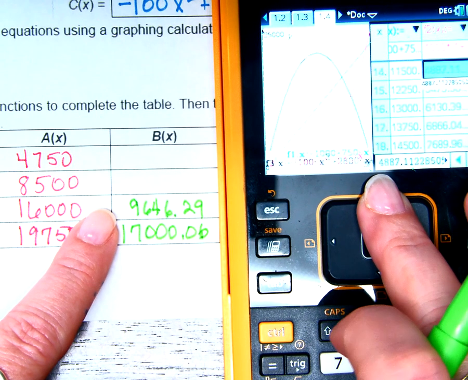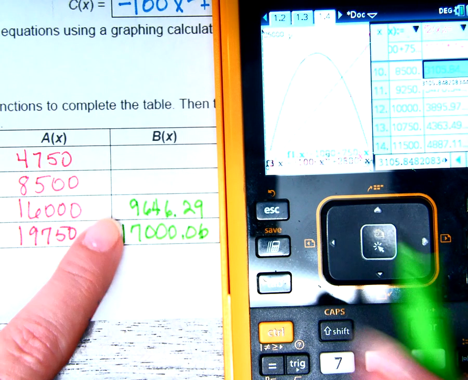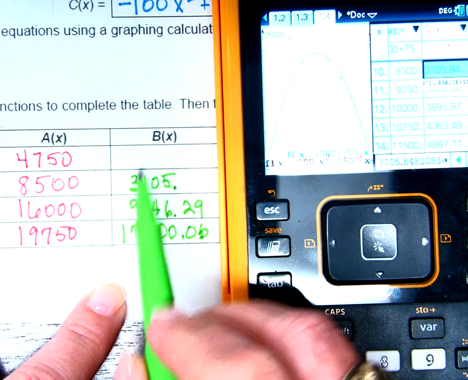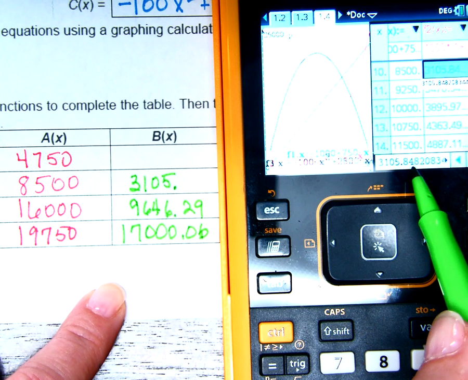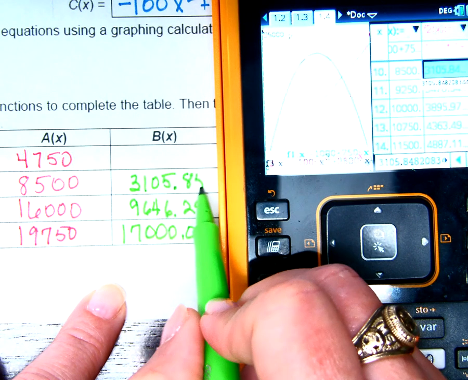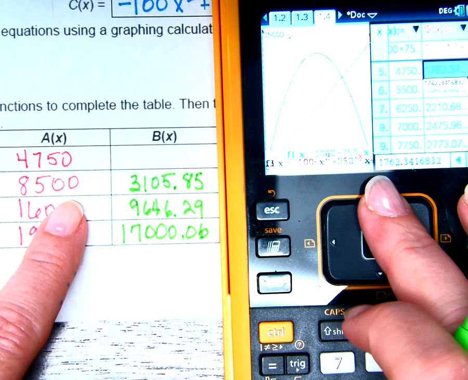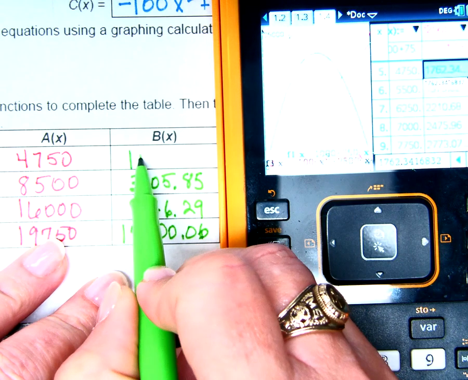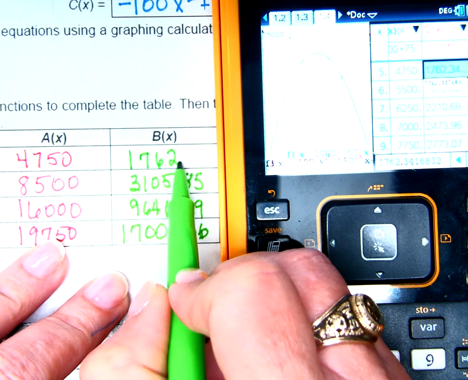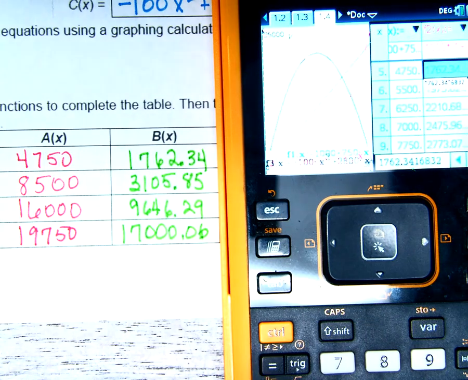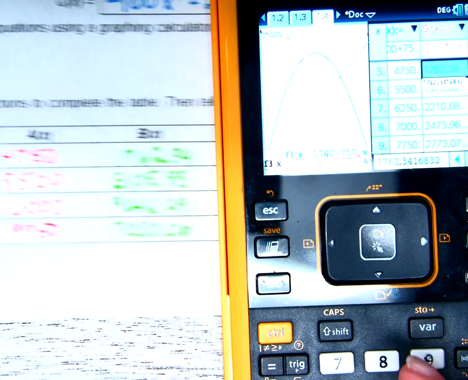And then scoot to 10. 3,105 and 85. Do you see that should be 85 cents? And then down to 5, $1,762.34. Okay, for Bernice.